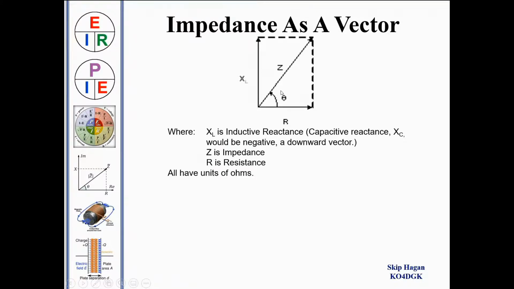And angle theta here, we're not going to talk about that except to say that it's there, and we would use angle theta to calculate power factor, which is beyond the scope of this discussion.